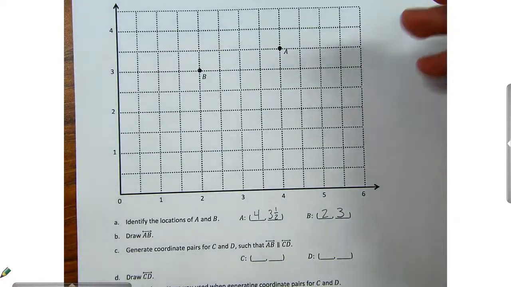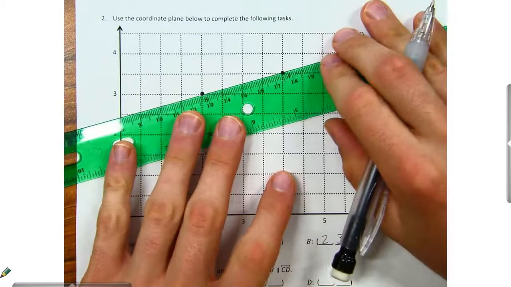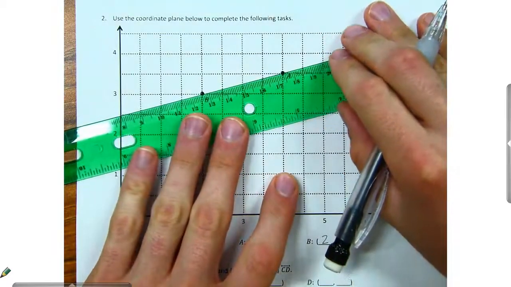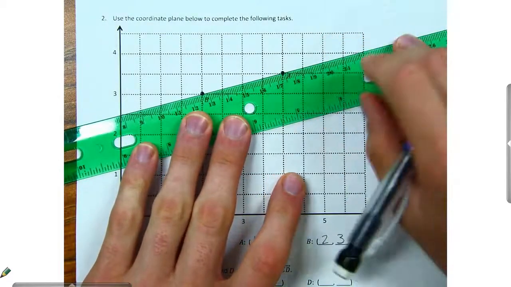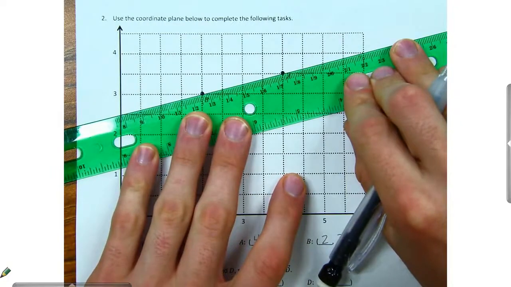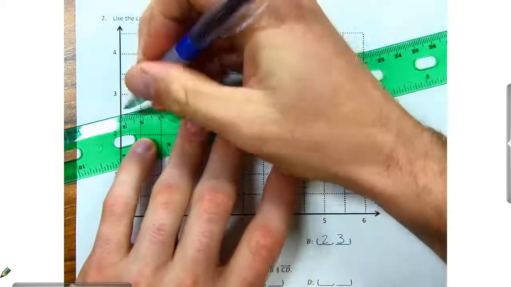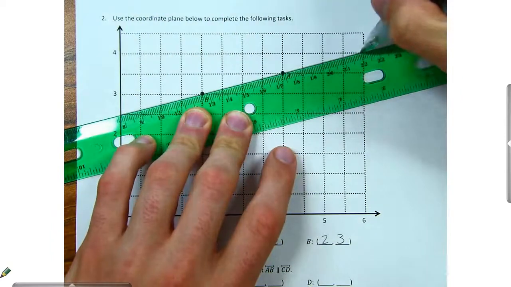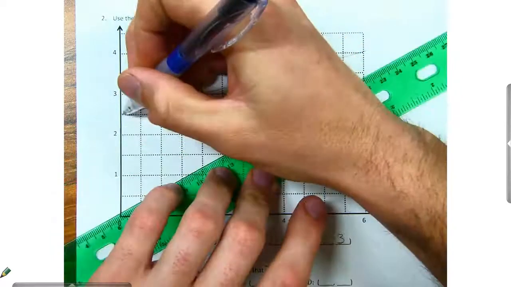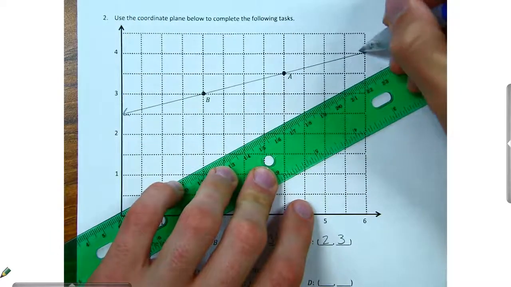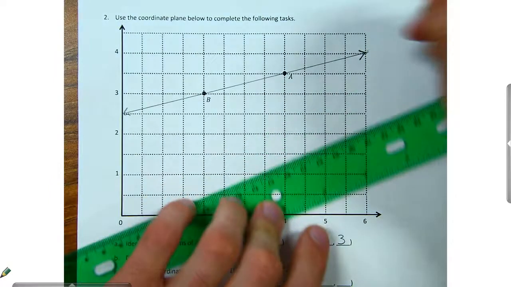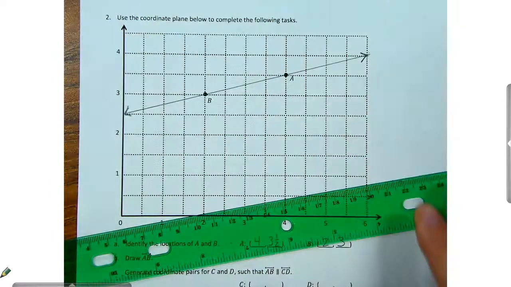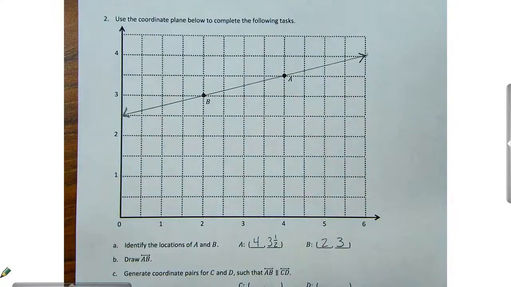Now we have to draw a line AB. All right, so we have line AB.